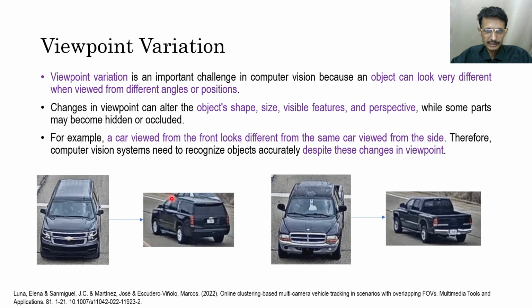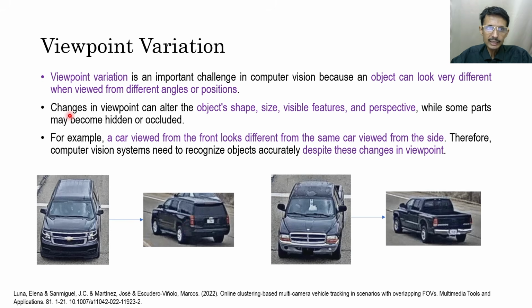But if you take the same car from the back side, it looks completely different, but it is the same car. Now, if we do object detection, your program should understand this is the same car, even if it has been taken from a different viewpoint and the image is quite different due to these different angular positions.